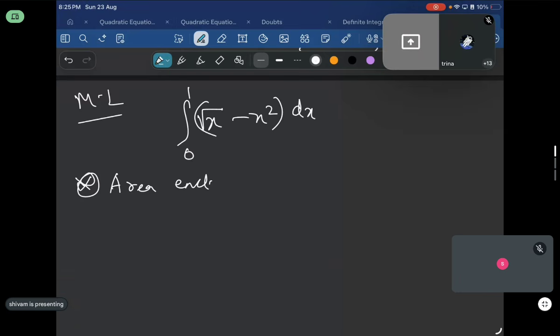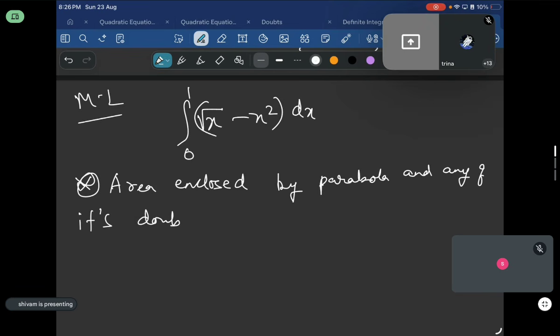Area enclosed by parabola and any of its double ordinate x equal to alpha is 2 by 3 into area of rectangle.